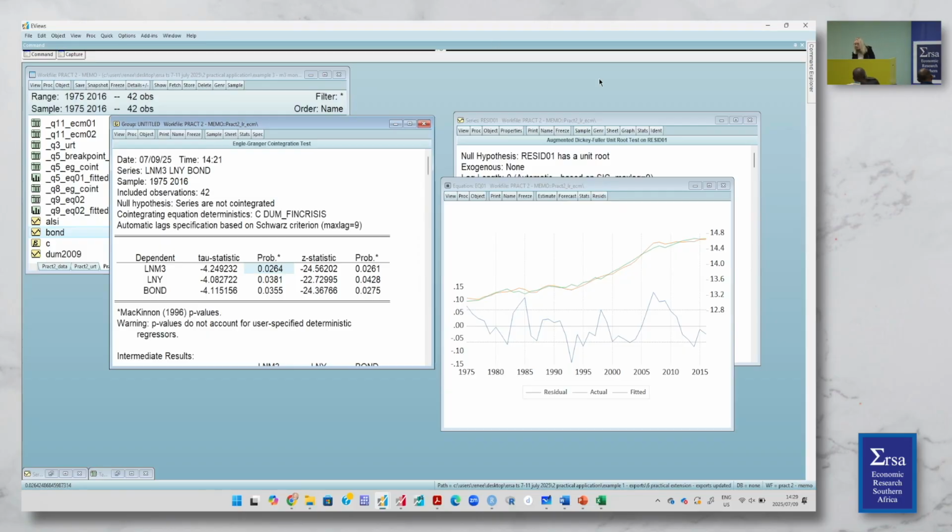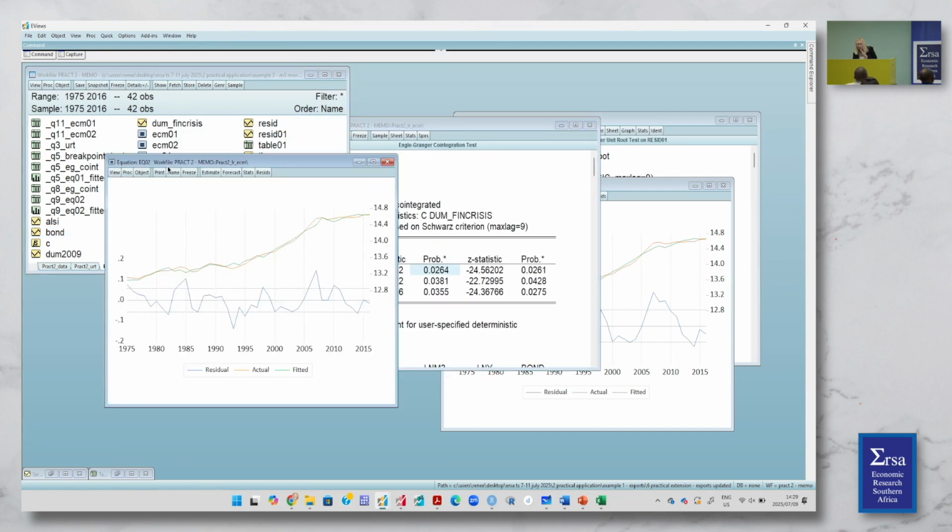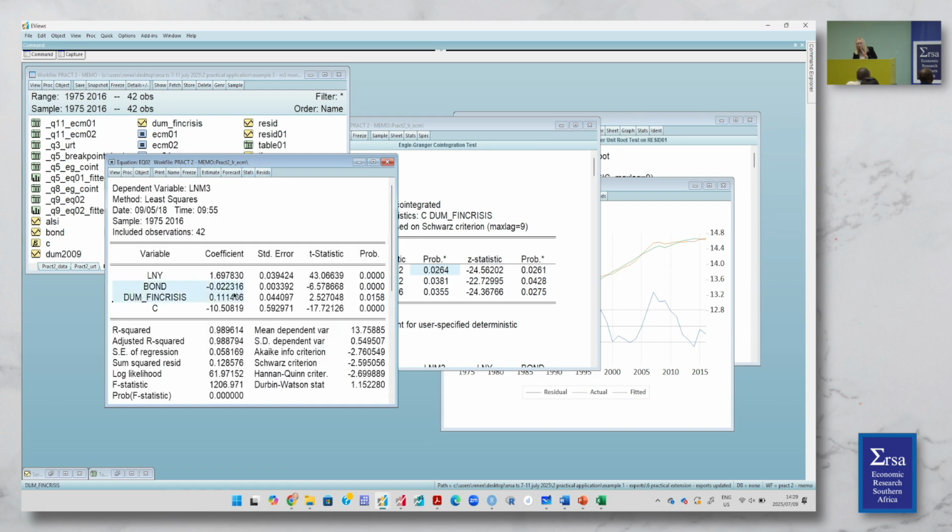Just one more example. That long run equation will then basically be this. And there we can see that the parameter is positive. If we try and interpret that, you can think, does it even make sense? During the global financial crisis, there was roundabout an 11% increase in the money balance.